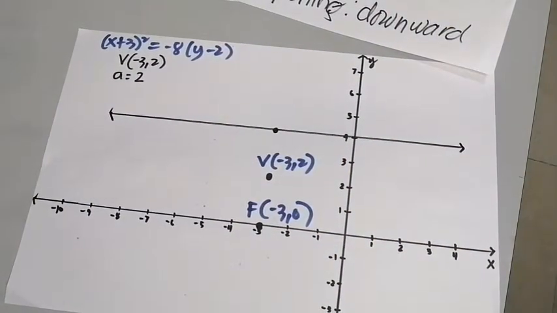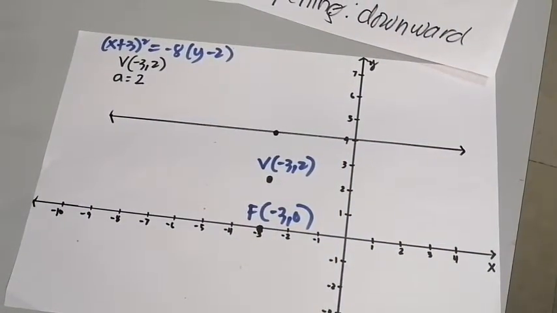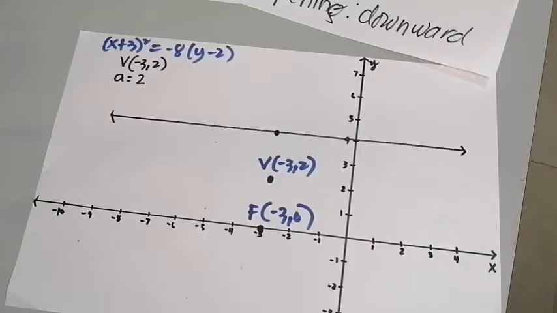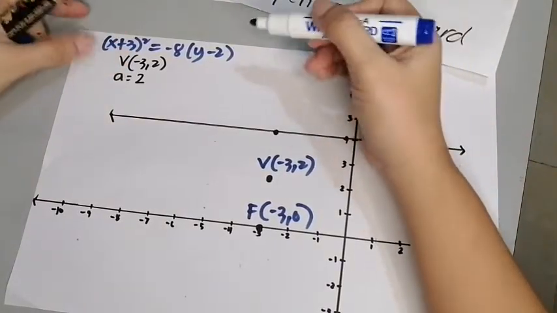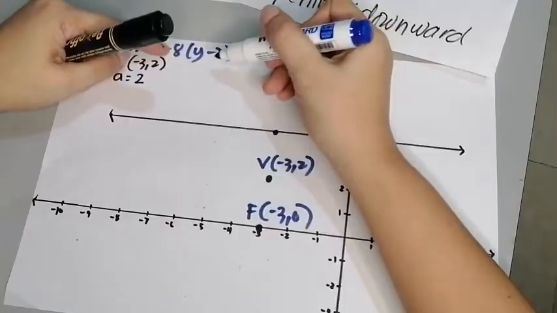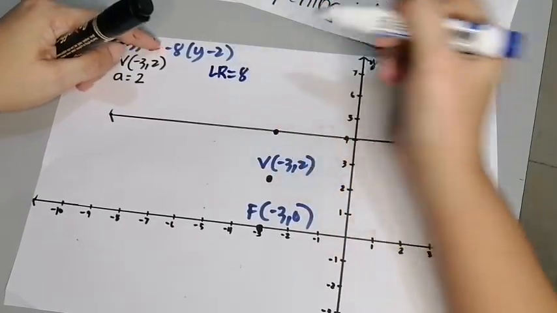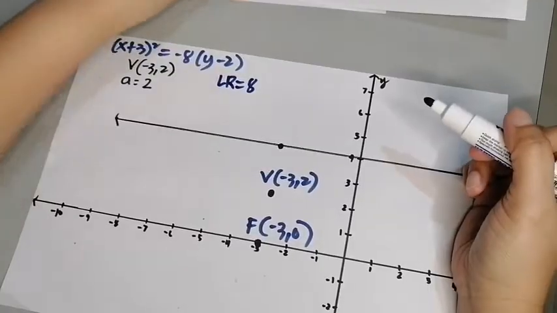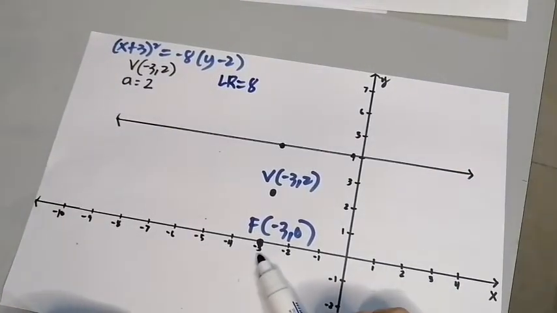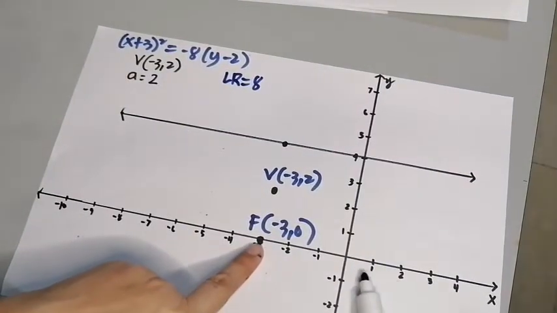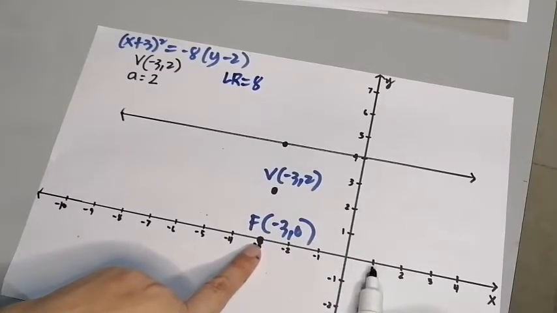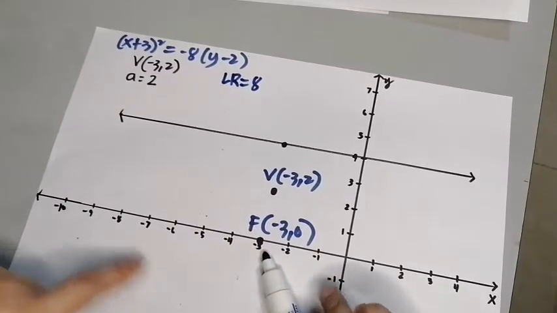And then next is the latus rectum. The latus rectum has length 8, just like in our first example. So it's from the focus 4 units to the right and 4 units to the left.